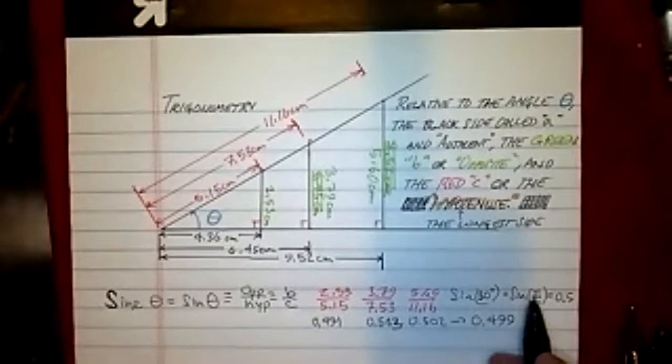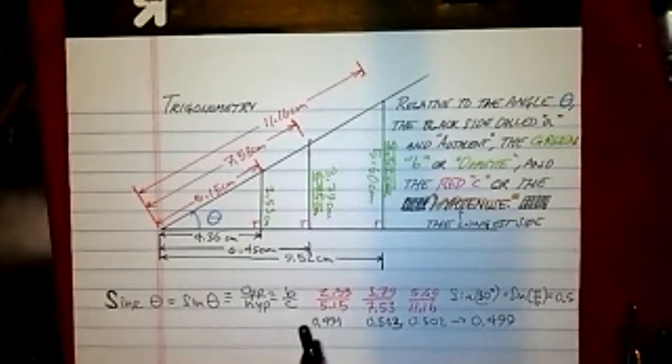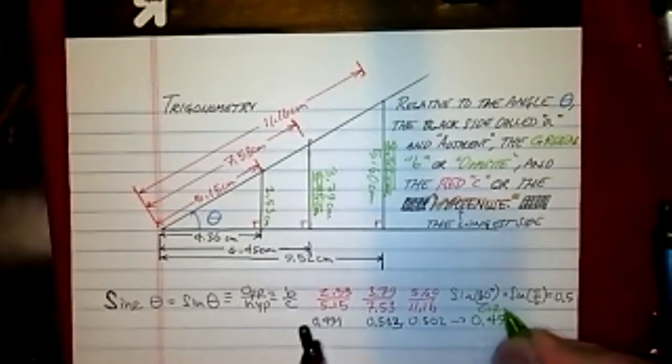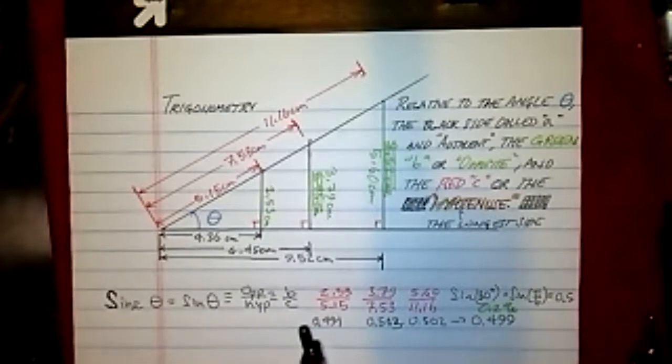So that's what the ratio is supposed to be, and this is what I got averaged at 3 decimal places, basically. And in fact, that gives me an error of only 0.2%. That's pretty impressive.